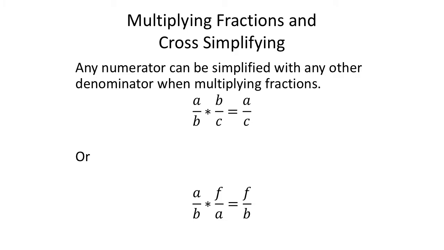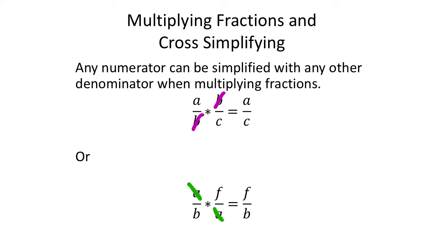And then what happens is we cross those out as phantom 1s. And yeah, this is one way to do it, but again, it wouldn't matter where they are in the numerators and denominators. For example, in the second one, the a here is in the numerator first, and then the denominator second. So that's not going to matter. Again, if you see something that can be simplified that way, then feel free to do it.